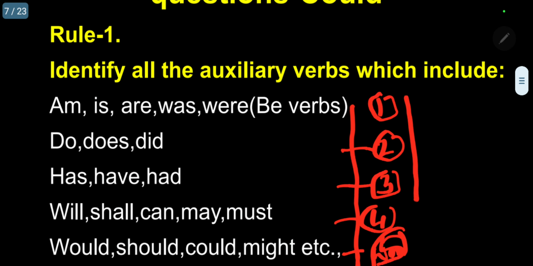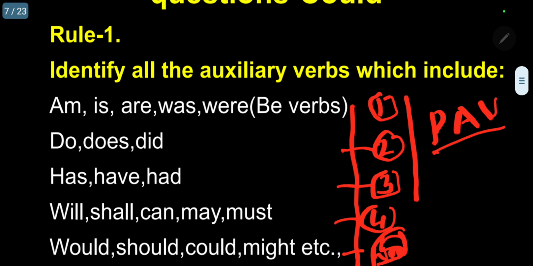The first one, be verbs, including am, is, are, present tense, was, were, past tense. The second type, do, does, present tense, did, past tense. Type 3, has, have, present tense, had, past tense. These three we will call primary auxiliary verbs.